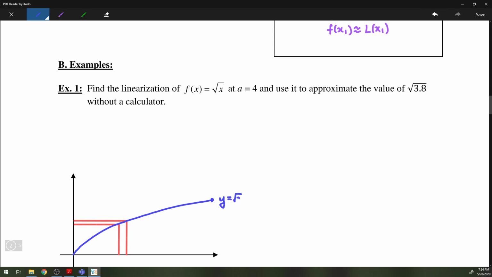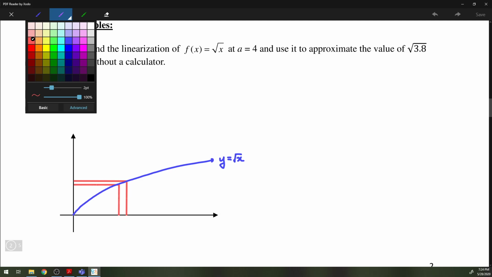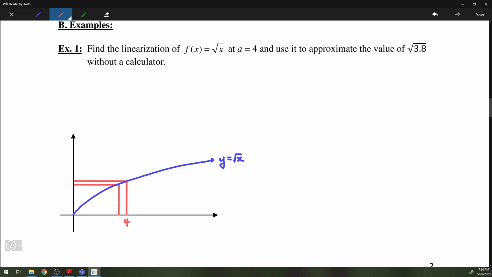Square root of x. And these two given x values are 4 and 3.8 respectively. So of course the square root of 4 is 2, but we're trying to find out what this is using a linear approximation.